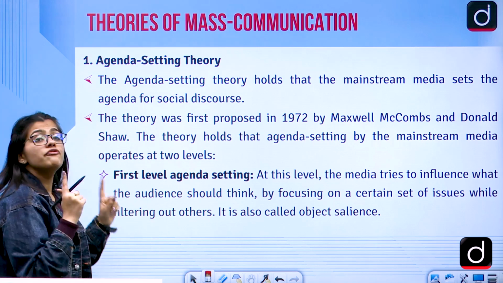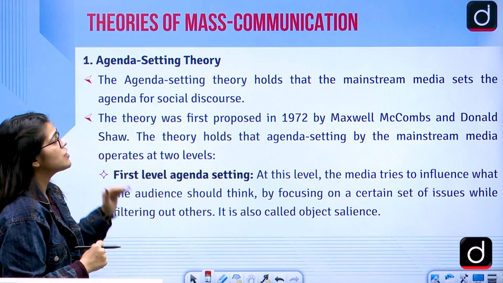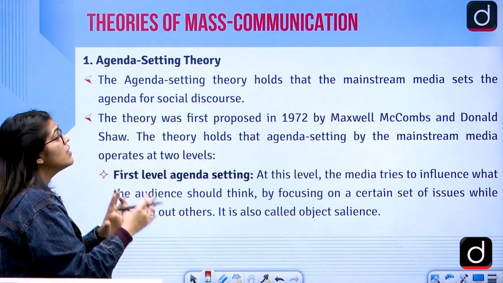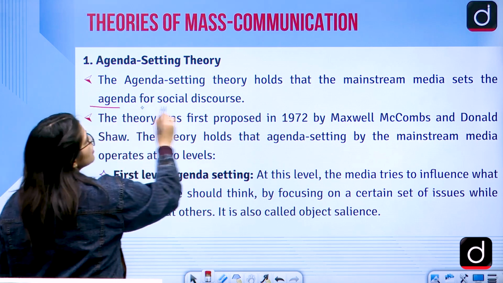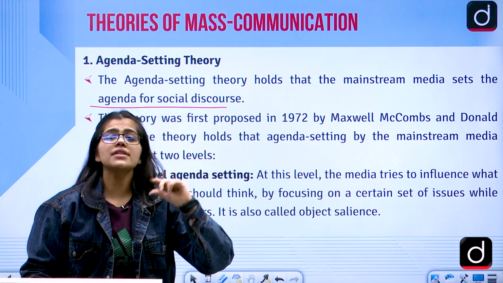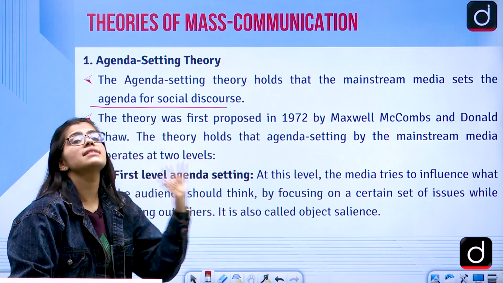Right? So we have the first theory, the agenda setting theory. The agenda setting theory holds that the mainstream media sets the agenda for the social discourse. This theory says that there is always a discourse and an agenda, and it is media who sets the agenda.